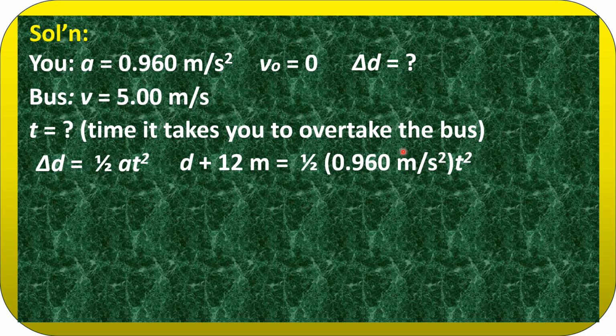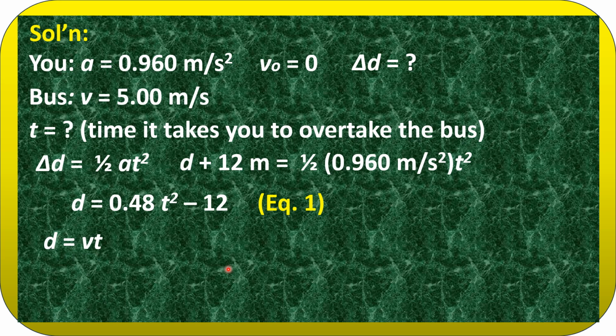So isolating the distance d from this equation, we come up with the first equation, equation 1. D equals 0.48 t squared minus 12. Now, this unknown variable d is in fact the distance traveled by the bus during the elapsed time t.